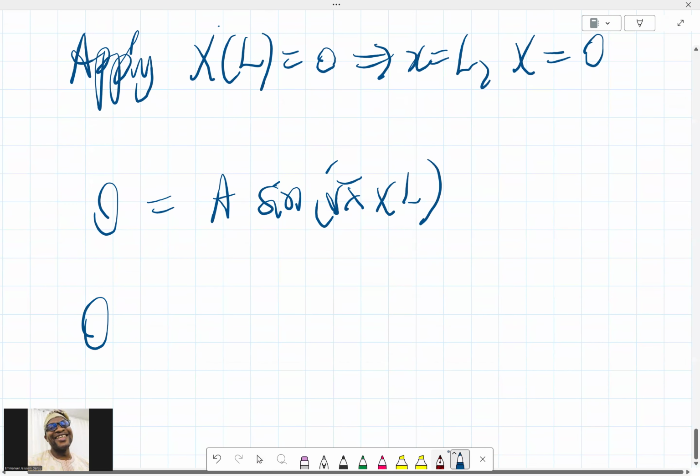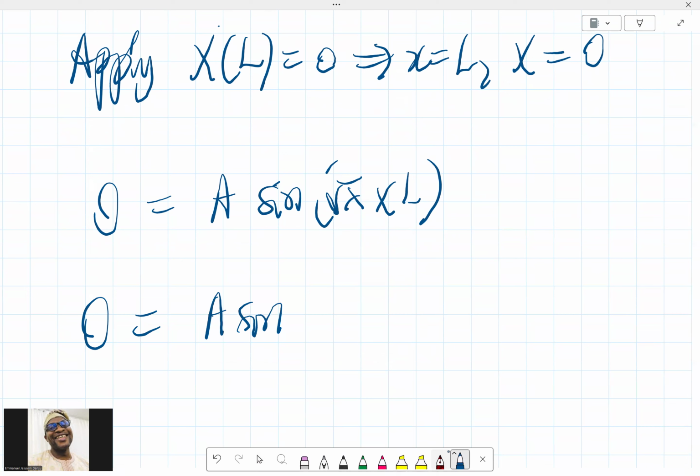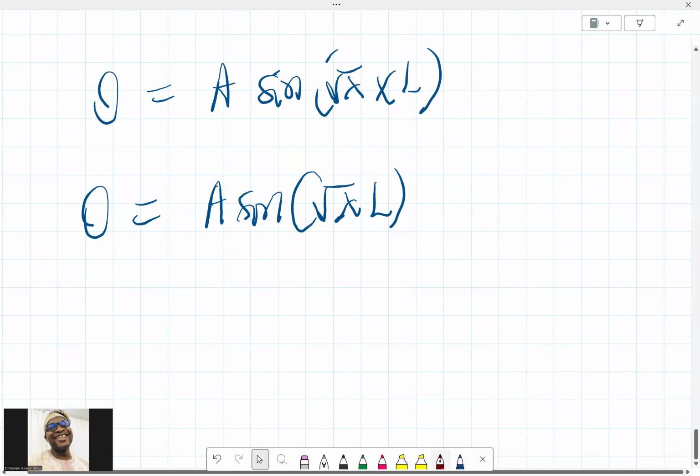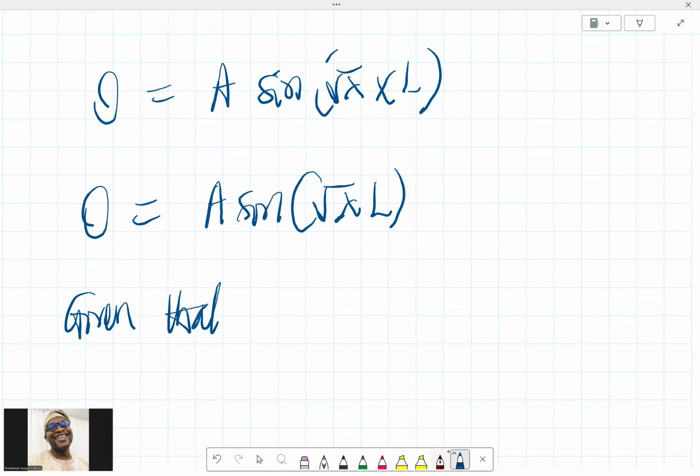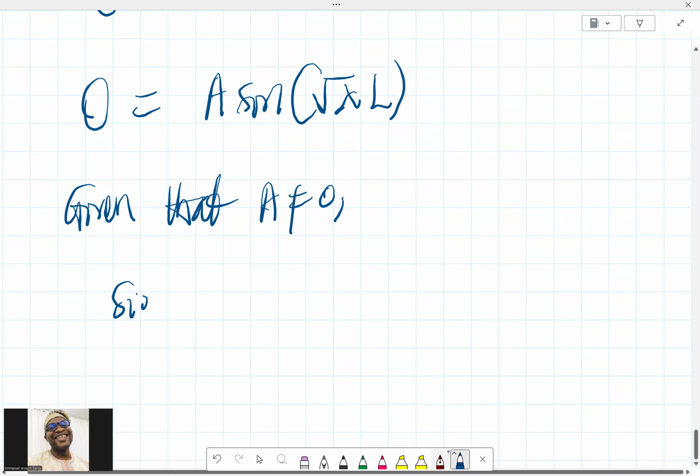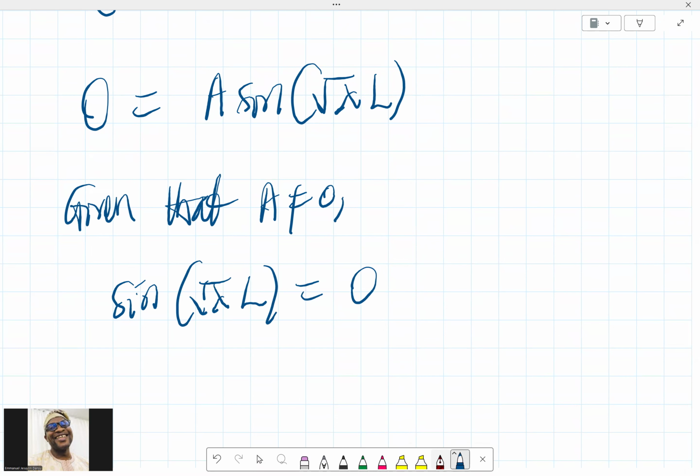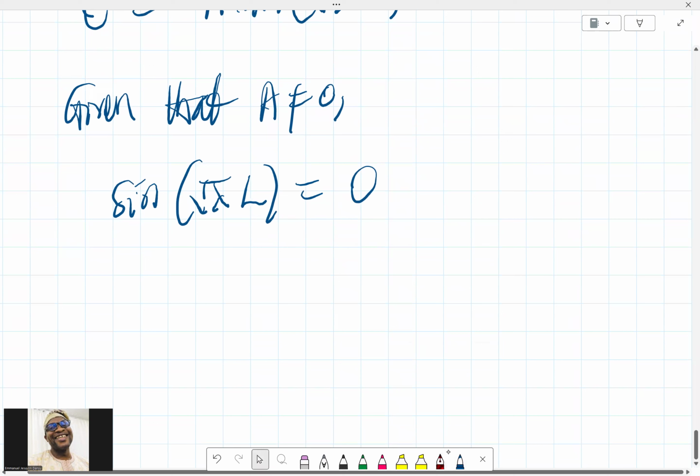Now, a must not be 0. Given that a is not equal to 0, we can divide through by a. So we finally have that sine root lambda multiplied by L is equal to 0. So now this is something legitimate to deal with.